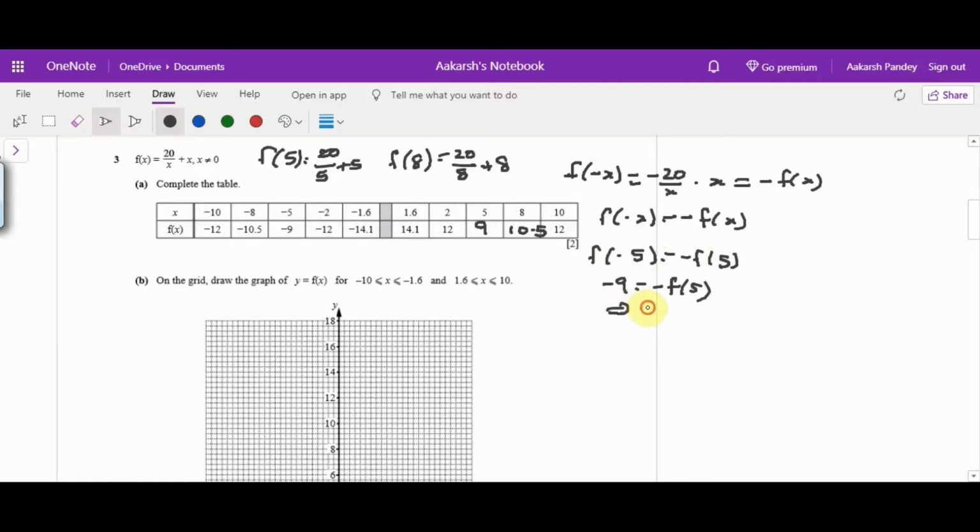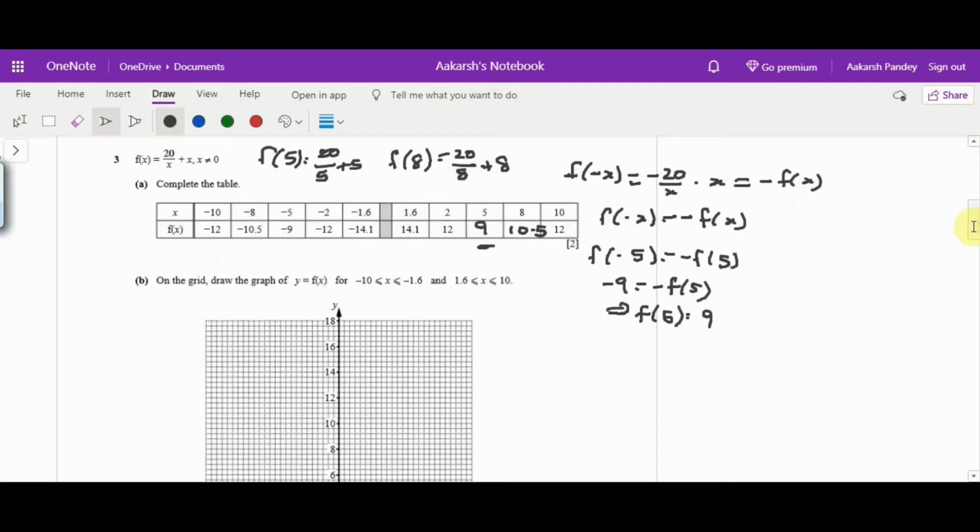This implies f of 5 is 9. That is what we have got over here. So yes, this is a very small thing. I just thought I'll bring this to your notice. So whenever you solve these papers, these small things, you can use it to verify your answer and cross check whether what you have got is correct and consistent with the data given.